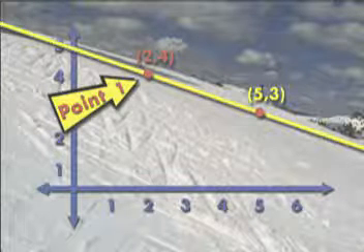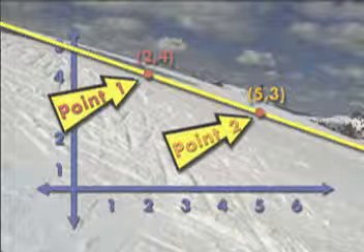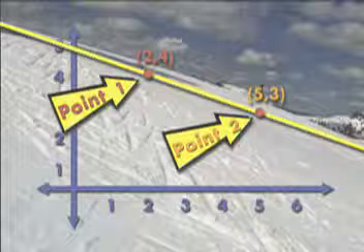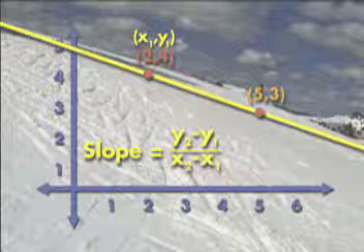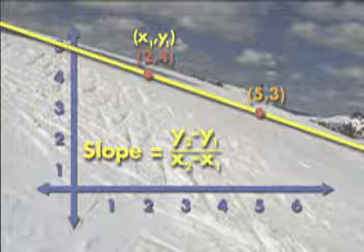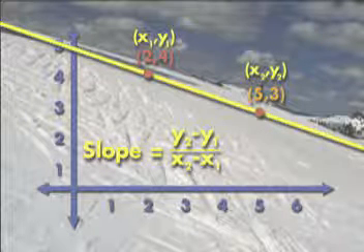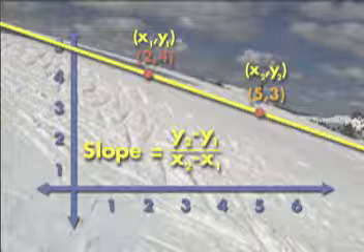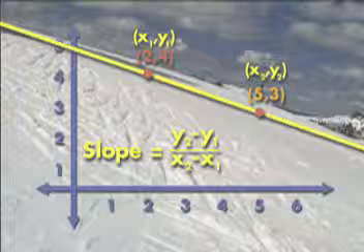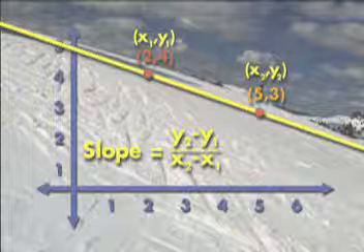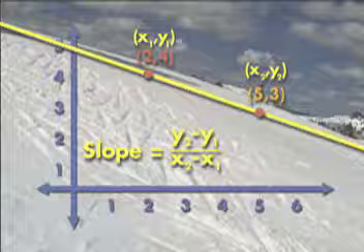If we call this point 1 and this point 2, we call the coordinates of point 1 x sub 1, y sub 1, and the coordinates of point 2 x sub 2, y sub 2. The formula tells us that slope is equal to the change in y, y sub 2 minus y sub 1, over the change in x, x sub 2 minus x sub 1.